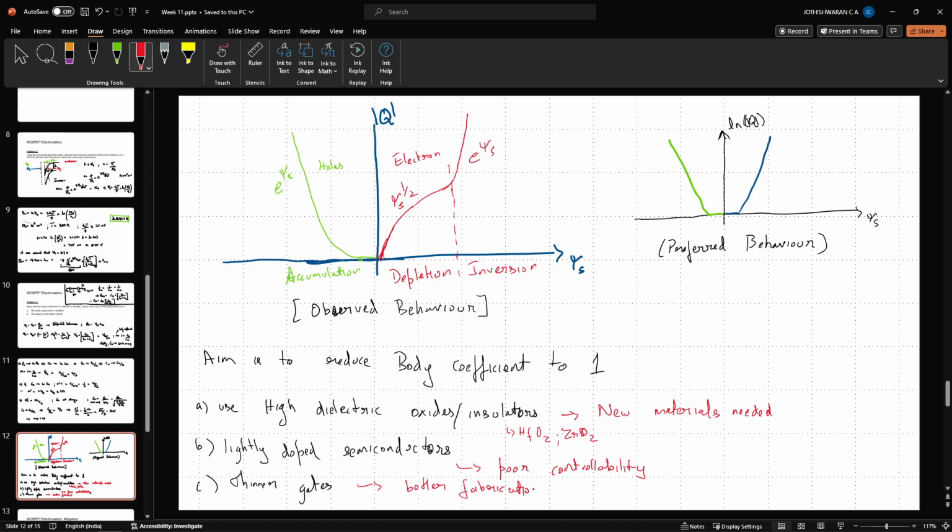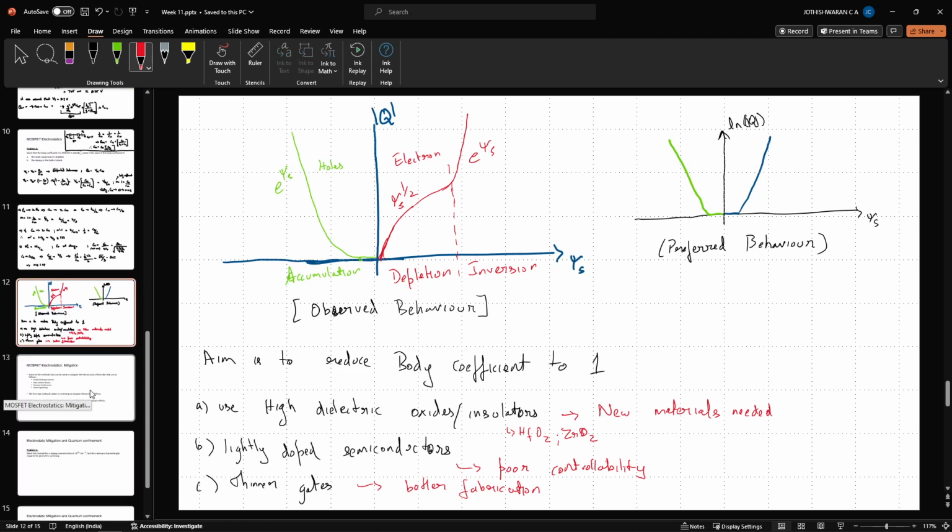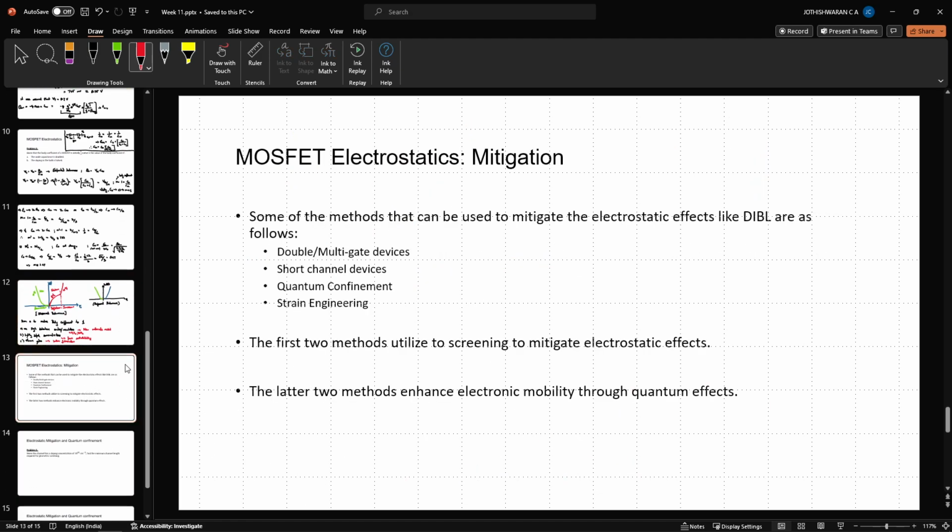So this tells us on a more practical front what we need to do to get better transistors. Either we start making our devices by incorporating newer materials, or we change the doping levels of our semiconductors, or we use thinner gates. All of these will change how the devices are being fabricated. So that is a given. Now the point is, given that we are changing the ways in which we are fabricating the device, is there something more that we can do?